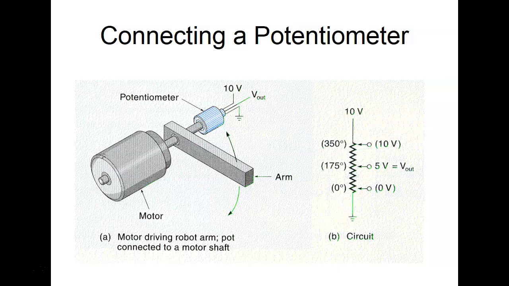So a 1K pot would be more accurate than a 10K pot. You understand why? Because you have less volts per degree.